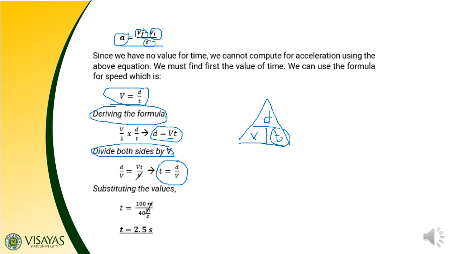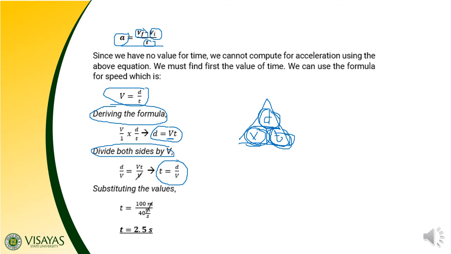So the formula will be distance over v. Dito sa itaas yung d, dito sa ibaba naman yung v. Pero kung hinahanap natin ay v, the formula will be distance over time. Sa itaas yung d, sa ibaba yung t. Pero kung hinahanap natin ay distance, they will be multiplied. So distance is equal to velocity multiplied by the time.